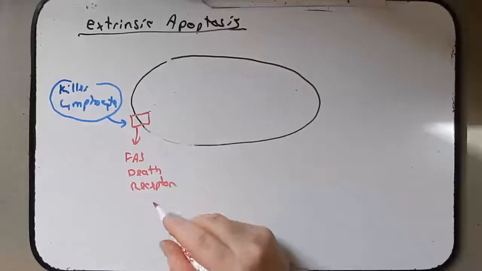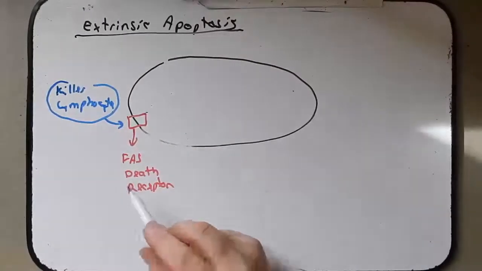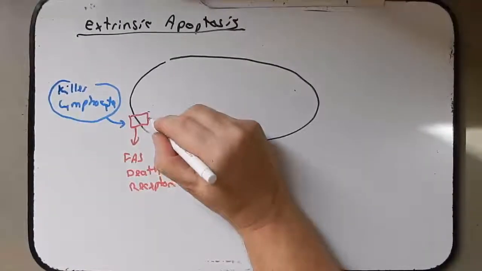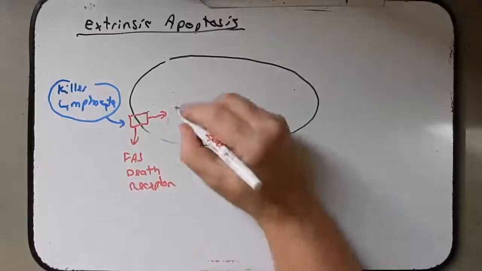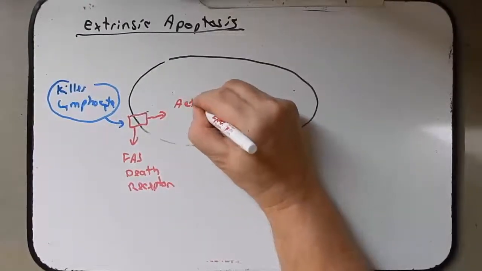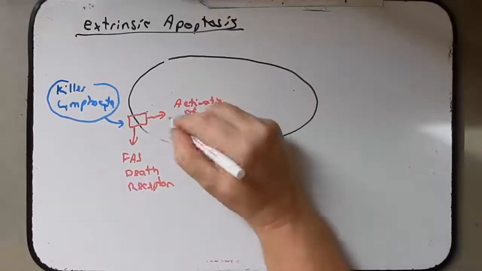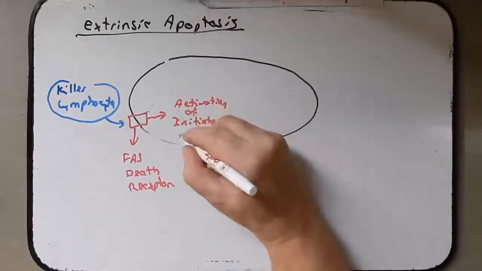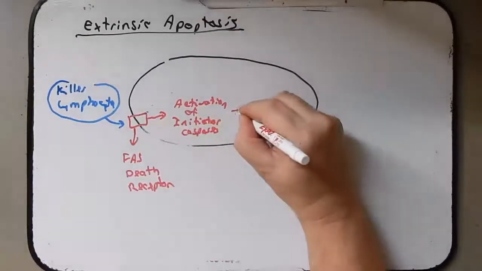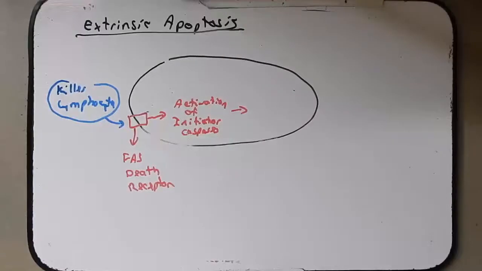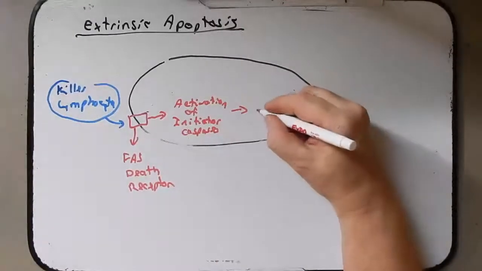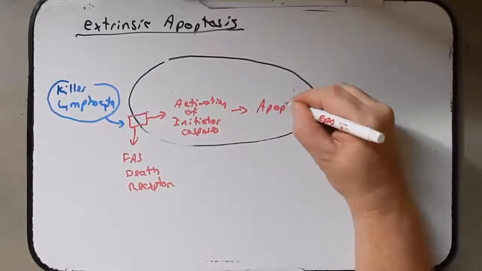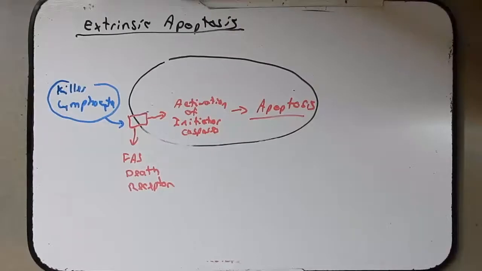And if you're a cell, you never want this to be bound, because when this gets bound, this will set into motion the activation of initiator caspases. This in turn will activate executioner caspases and ultimately lead to apoptosis. So this is extrinsic apoptosis.